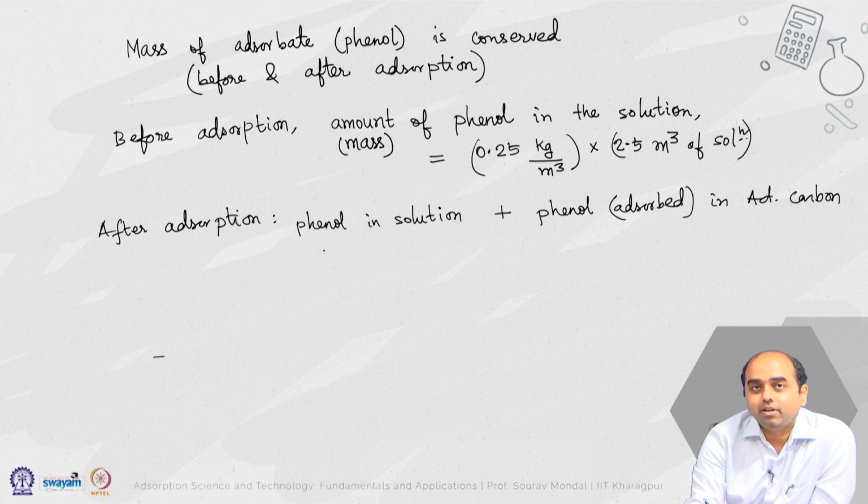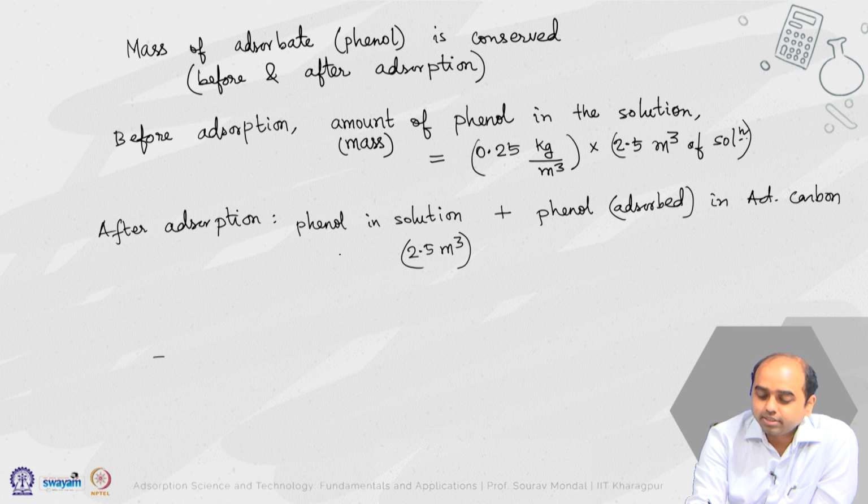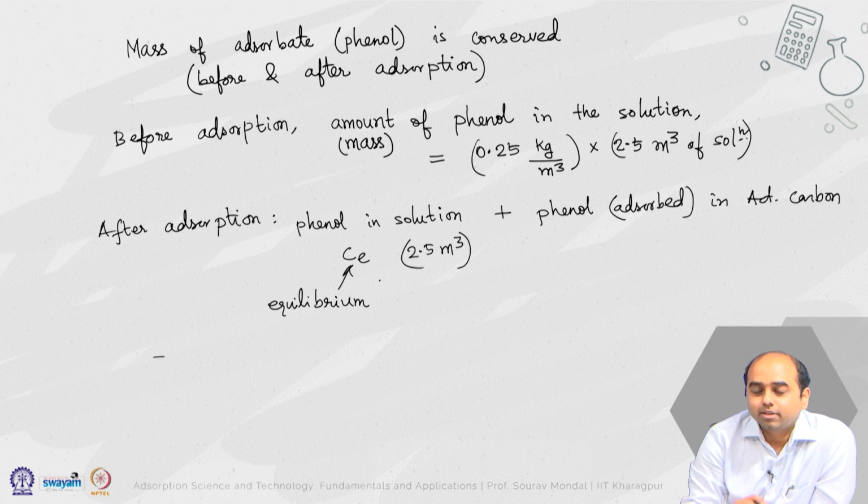The amount of solution volume remains unchanged, so that is 2.5 meter cube, but the concentration is unknown, so it is multiplied with Ce. This is the equilibrium concentration.